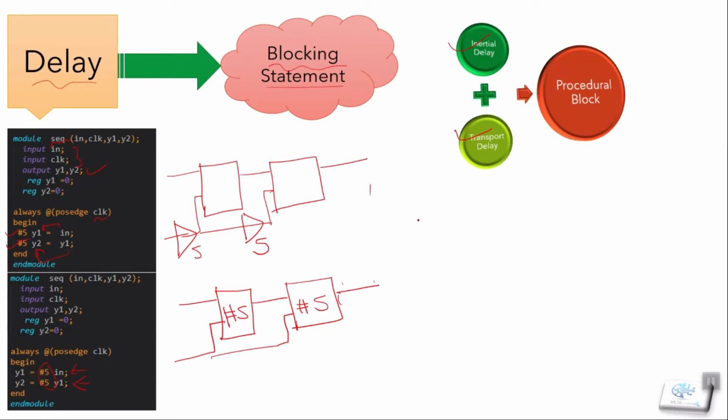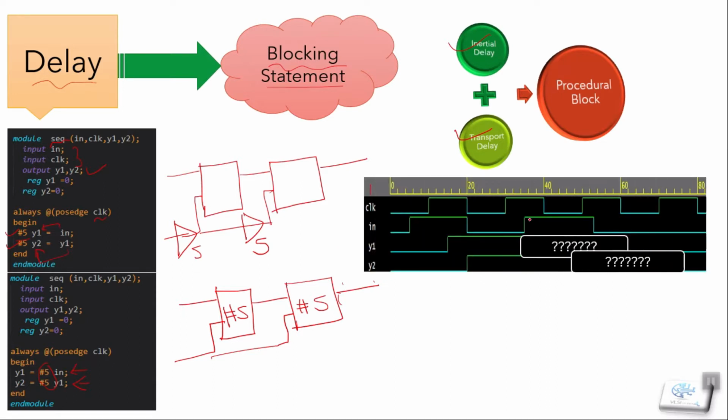Now let's understand it with this waveform. Firstly, about the inertial delay, as we know our clock has a period of 20 and the input is changing at 5 nanoseconds. For our output y1, if there is no delay, the output would be obtained on the positive edge of the clock. But here we have a delay of 5 nanoseconds, so after that 5 nanoseconds our y1 goes high.